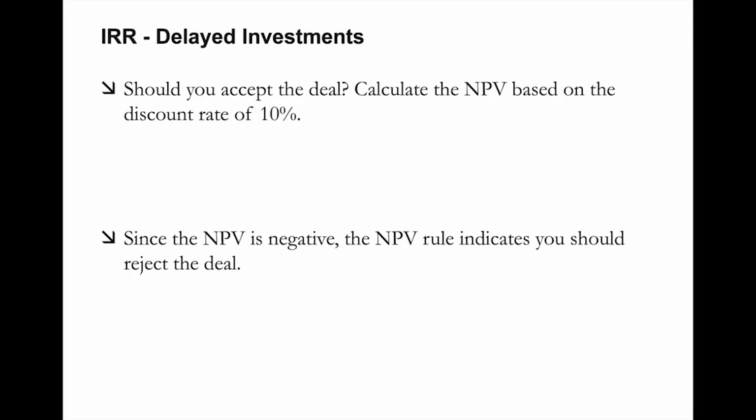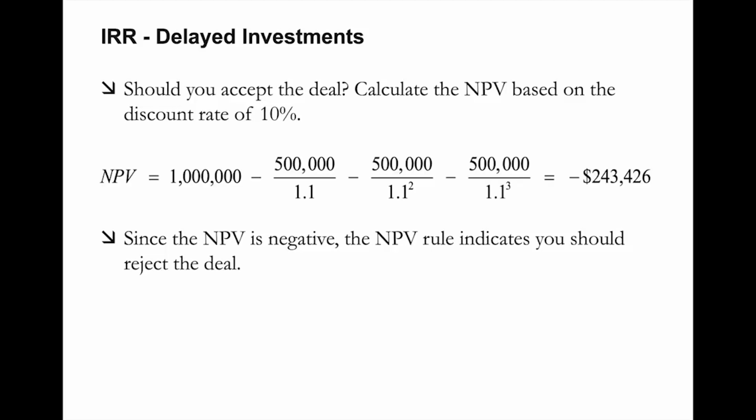So now let's calculate the NPV of this investment decision. We know the discount rate is 10%, so calculating the NPV is quite simple. The NPV is equal to the $1 million we received today minus three $500,000 cash flows, each received per year, and we discount those back at 10% per year.